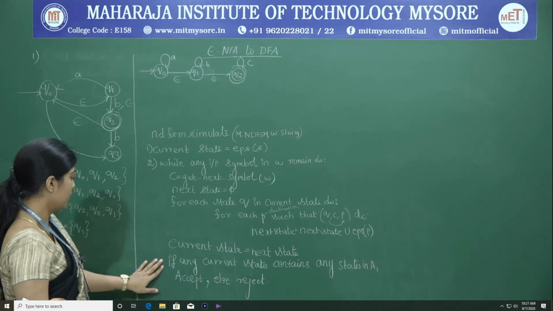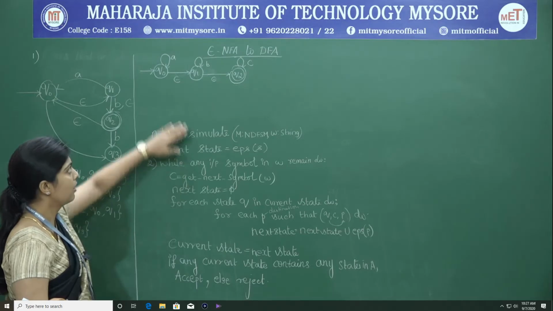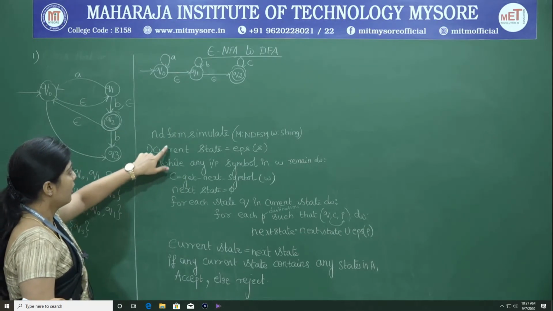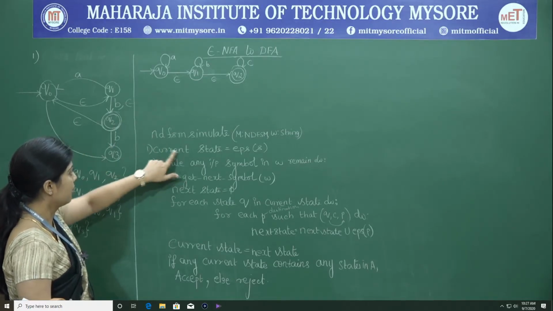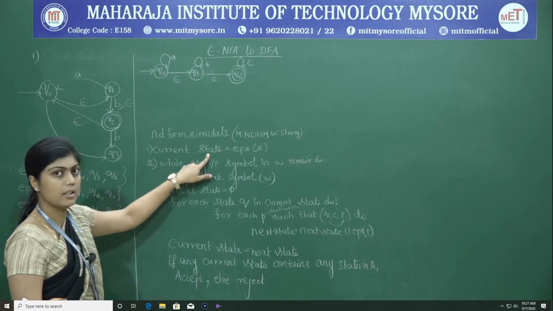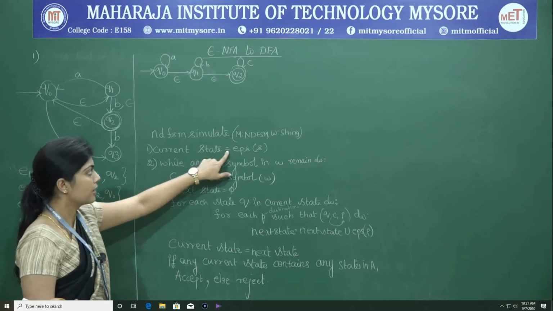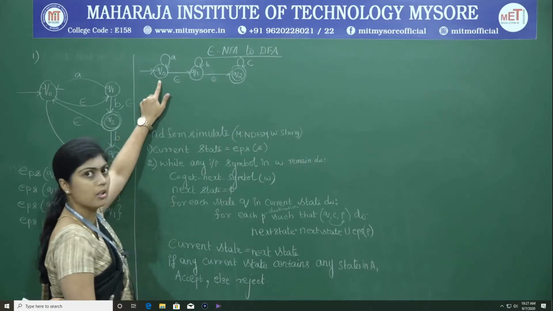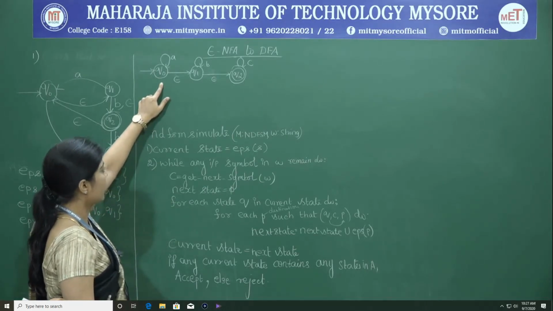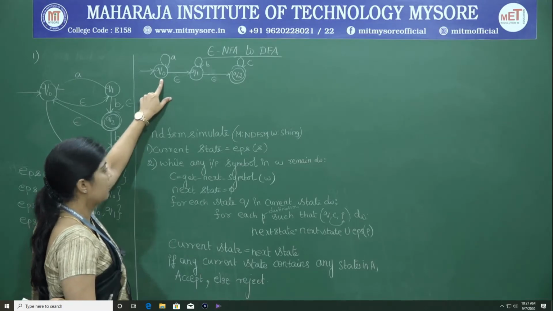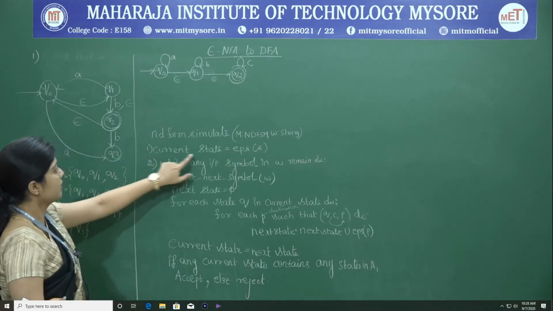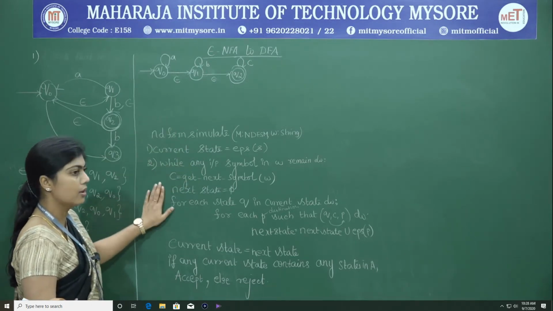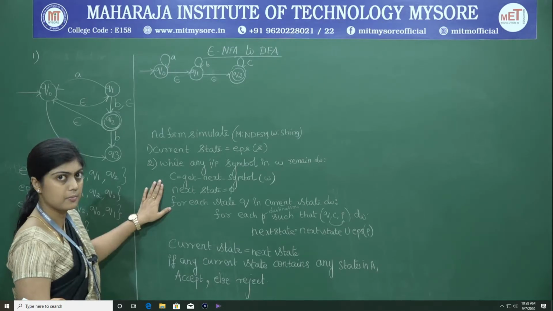So we will see the steps here, and we will try to follow the same for the problem that is stated here. First of all, we have to understand that the current state of the required DFA is equivalent to the epsilon closure of the start state of the epsilon NFA. Next, we take the current state we got in step 1 and find all the transitions on all the input symbols from that state.